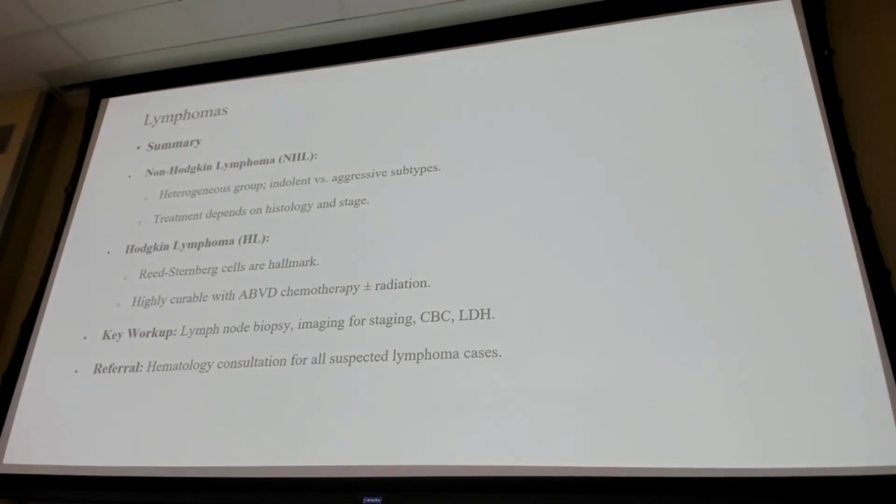And at the end of the day, if you're suspecting this going on with your patient, what are you doing? You're referring them. So you can initiate that workup, which you should, right? At least get that set of labs, potentially even order that lymph node biopsy, but that patient should have a consult in the system to go see somebody else. Hematology, oncology, somebody else needs to be carrying that patient forward.